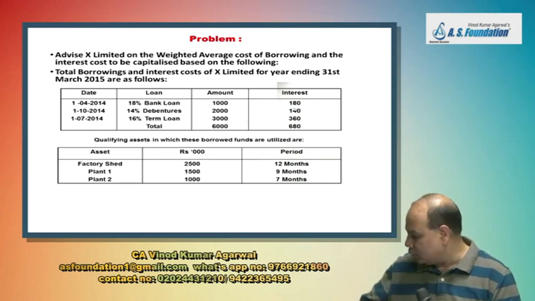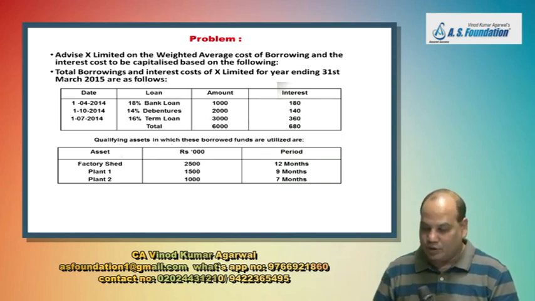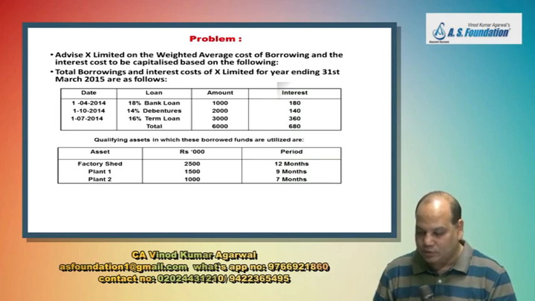Now, one calculation is done for you. If it is not done for you, then you have to do it in the exam. Which is the calculation? Interest calculation. Just check, is it right or not? 18% into 1000. And the year ending date is 31st March. So 12 months into 12 by 12. Is it 180? In the exam, this column may not be given to you.